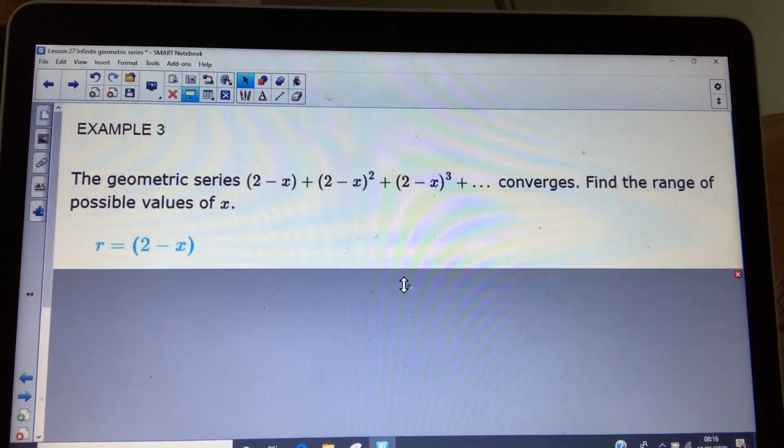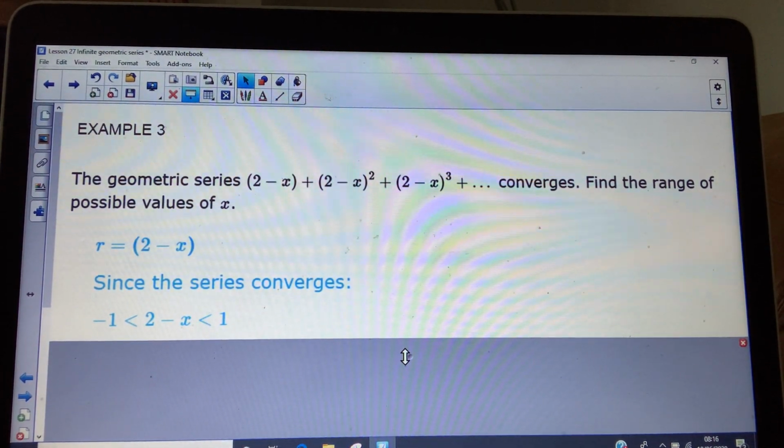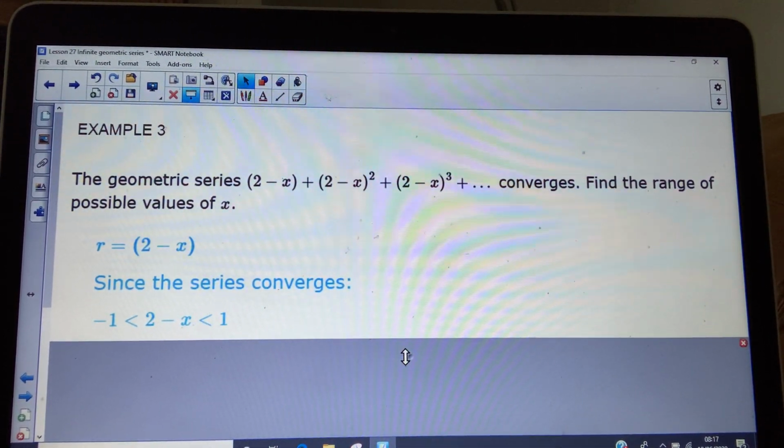So get your common ratio, 2 minus x. That lies between 1 and negative 1. And now you've got a two-sided linear inequality to solve. Really a bit of a nasty GCSE question.